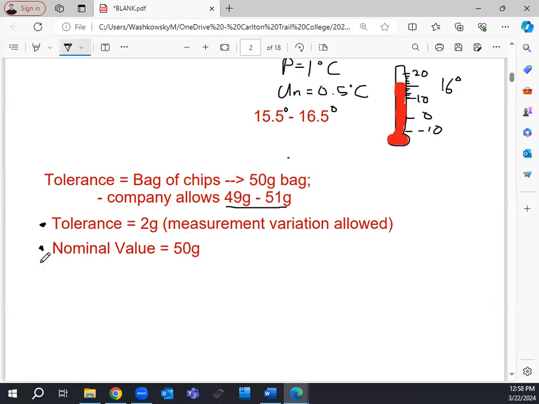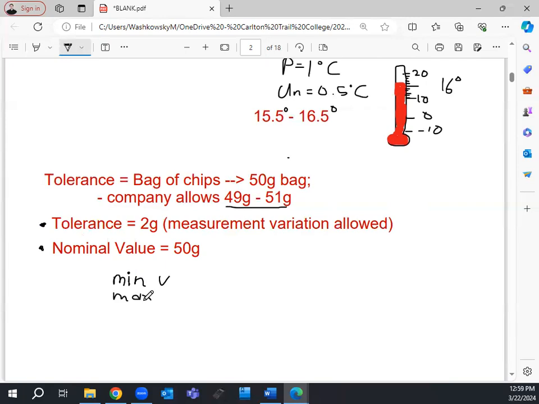And if you remember, there's 4 different ways of representing that, which you are not going to have to memorize. There's the min value and the max value.